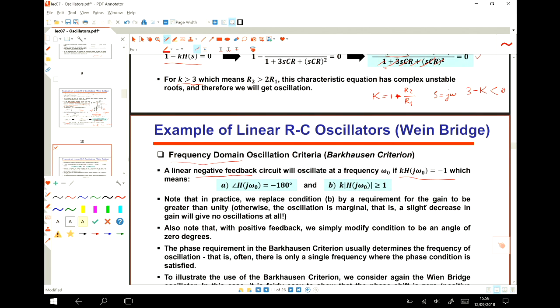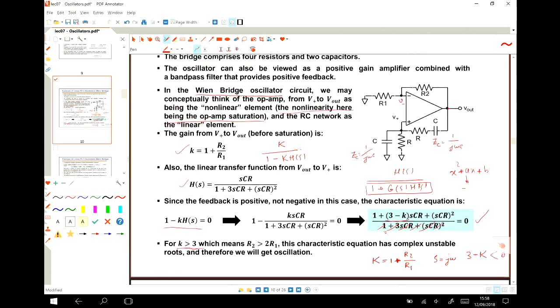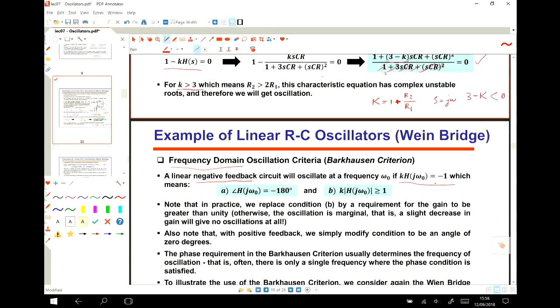If we have a positive feedback, then +1. If we have a negative feedback, it's -1. So k h omega should be -1. Okay? So usually we have a negative feedback. I mean, in our system the gain is negative, or it could be positive.